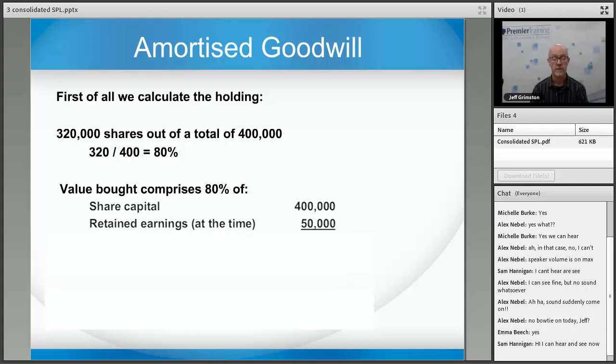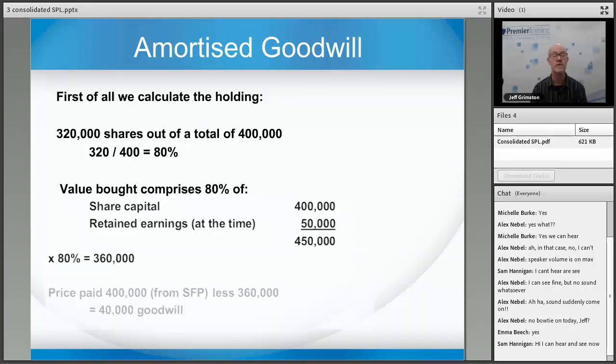So add them together, 450. On this occasion, there's no share premium that we said to watch out for. Also, there is no mention in the notes of any assets being revalued. Sometimes a question will say assets are revalued for group purposes. So 450, we've bought 80% of that, which is 360. We paid 400, less 360. We have bought £40,000 worth of goodwill.